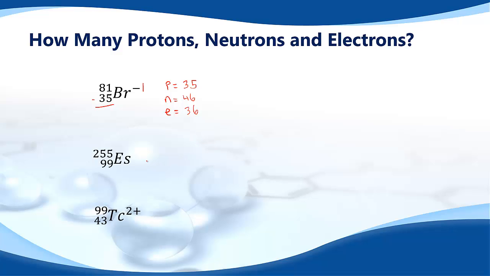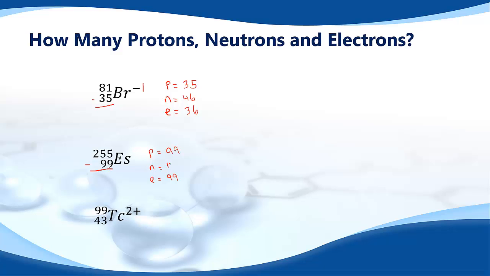Einsteinium again. Protons, neutrons, electrons. Protons, we have 99. Electrons, there's no charge in the upper right-hand corner, so those numbers are the same, 99. Neutrons is 255 minus 99, so that's going to be 156.